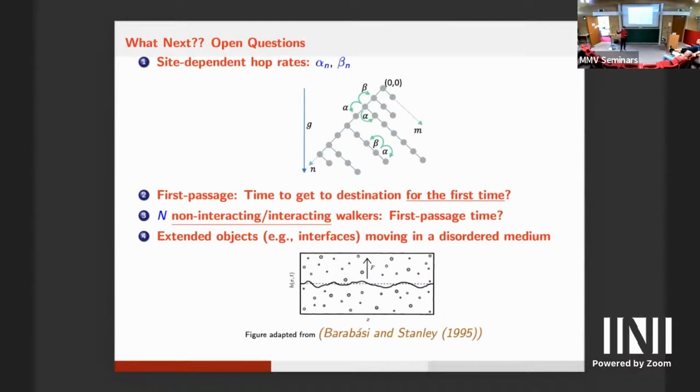But the paper has impurities, and these are distributed randomly in space. As shown here, not every impurity has the same ability to impede the motion. Some are stronger than others, and you have an extended object, this interface, making its way through these pinning centers.